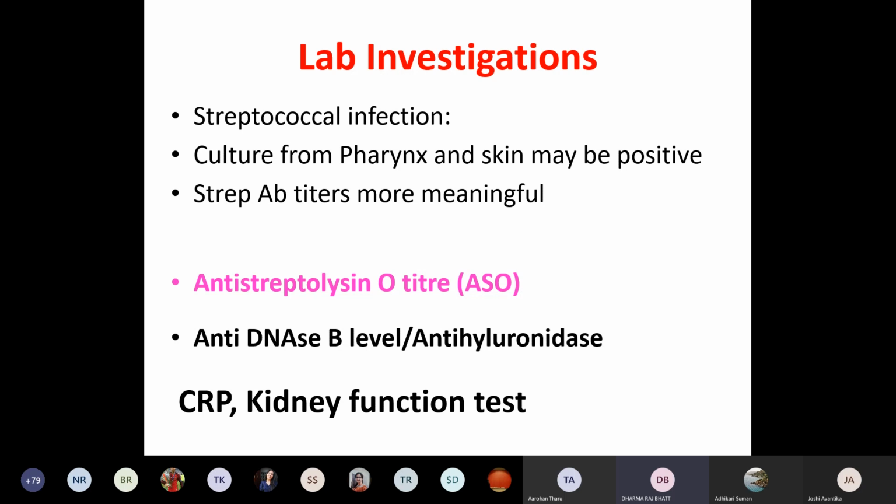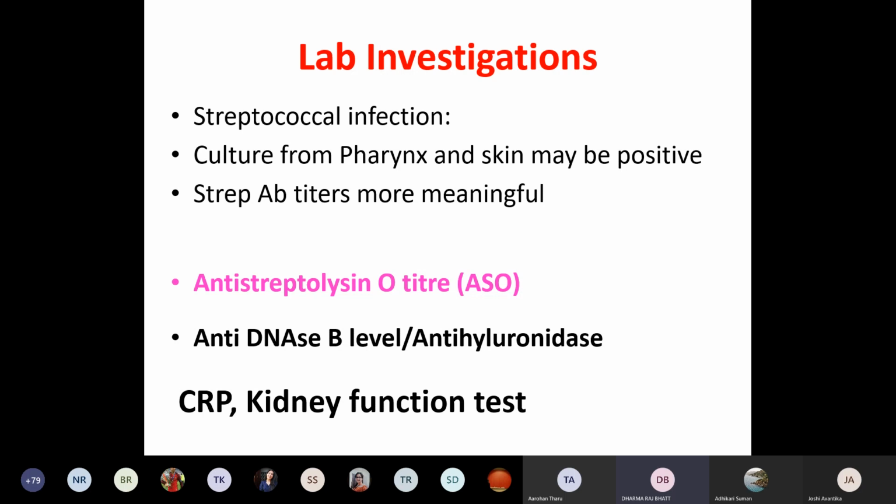In both PSGN and rheumatic fever, a significant titer of more than 200 international units of ASO is considered one of the important parameters in making the diagnosis. So this is the most important one.